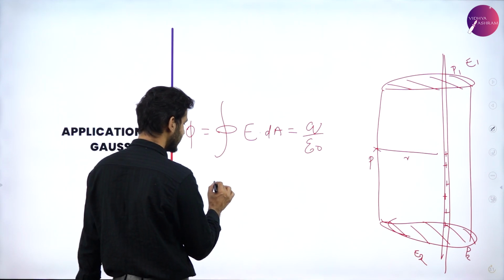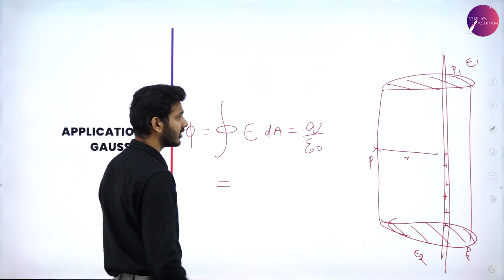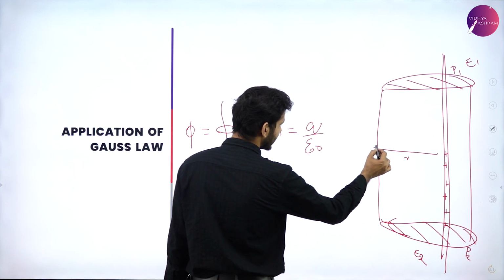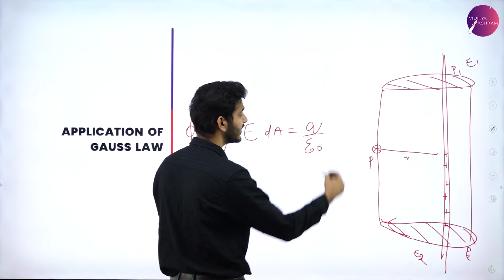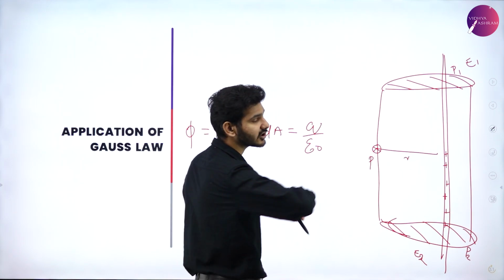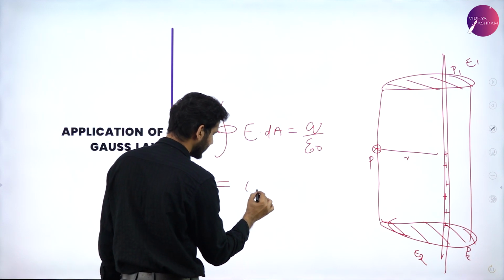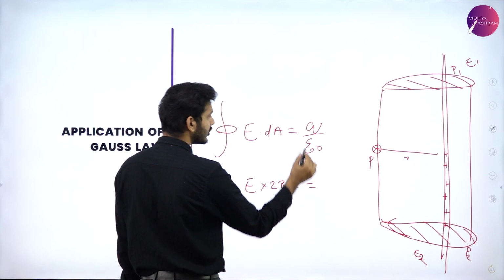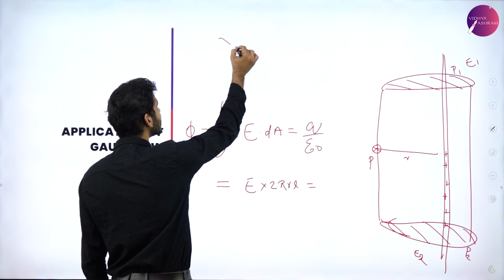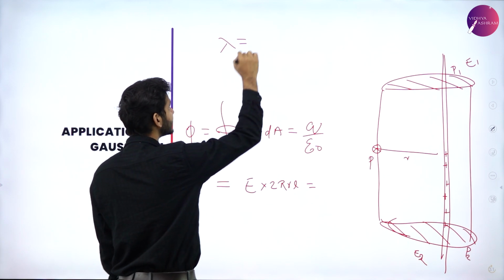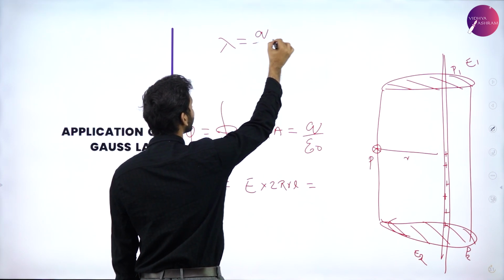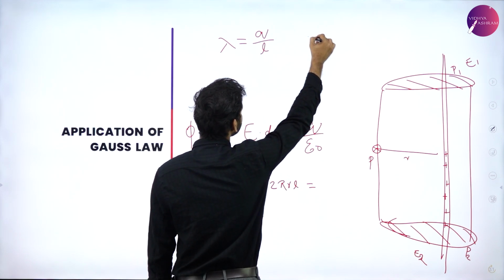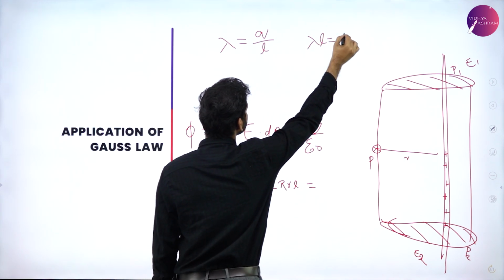The surface integral here is over this small area, and if we integrate it we get the whole surface of the cylinder, which is nothing but E into 2 pi RL. We already know what Q was, because associated with linear charge density, lambda is equal to Q divided by L, which means that Q is equal to lambda times L.